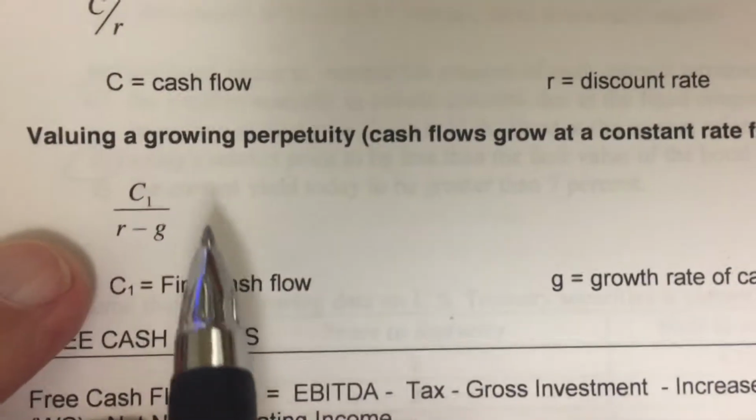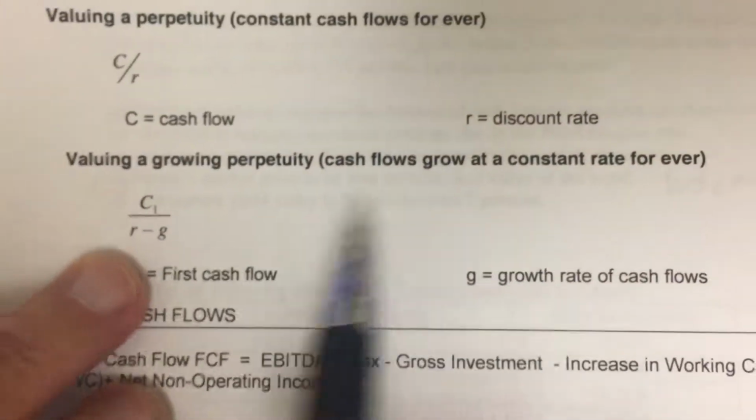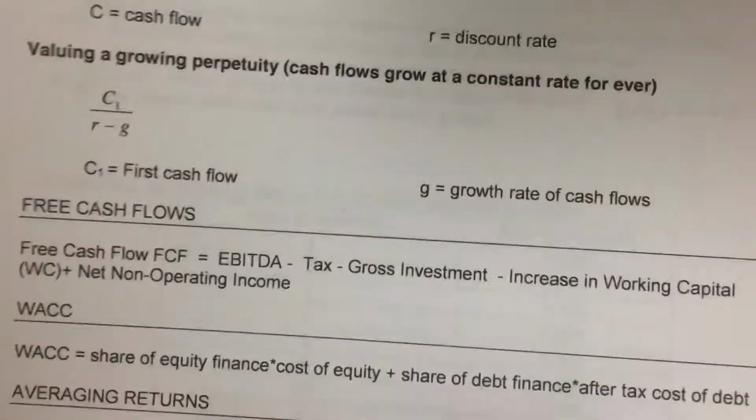Then we're going to get another formula, which is the value of a perpetuity with a growing rate. So first we did the CAPM. Now we're going to look for the growing perpetuity.